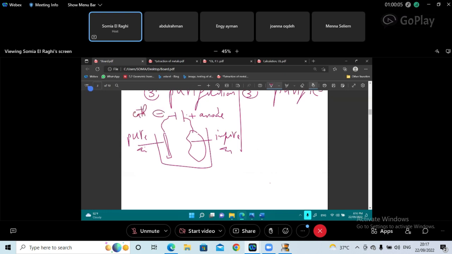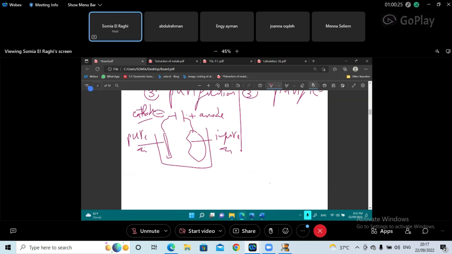I will not write down the equation. I will explain this part in the electrolysis chapter. You see it in another page. Yes, it is a small sign, pure metal.